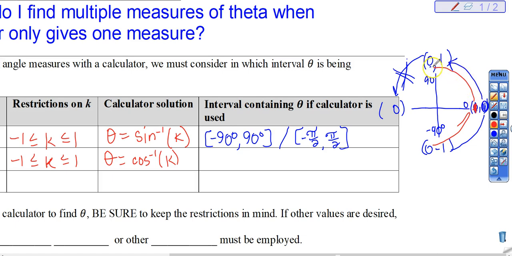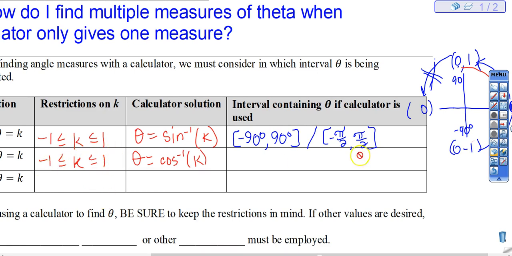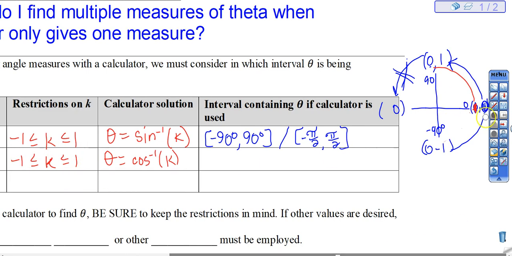Well, that doesn't cover the negative answers for cosine, right? So for cosine, the calculator wants to give me all of the answers for k from negative 1 to positive 1. So the calculator is going to give me answers for theta that cycle between 0 all the way to 180 degrees, because the answers for cosine from 0 to 180 degrees will cycle all the way from negative 1 to positive 1.